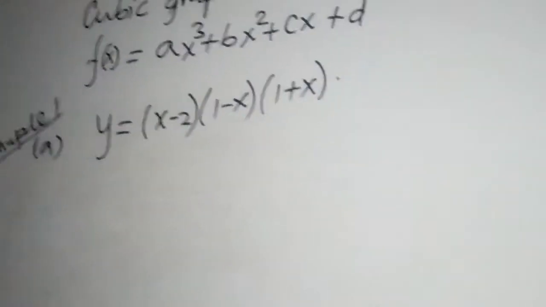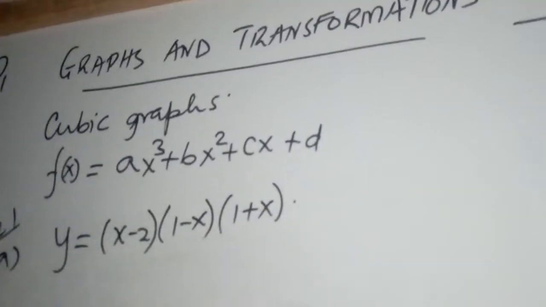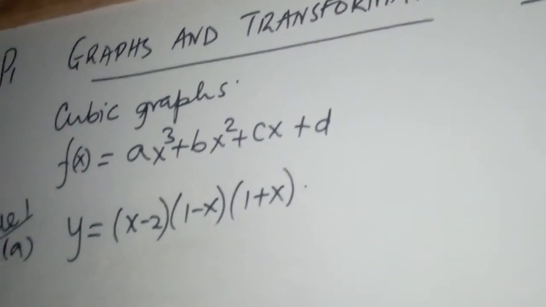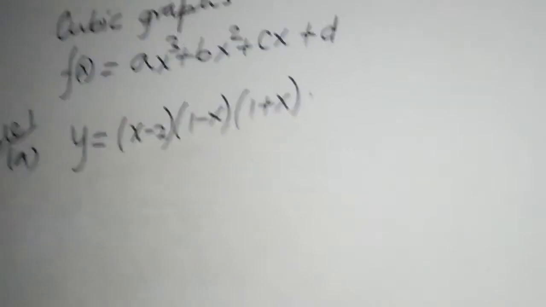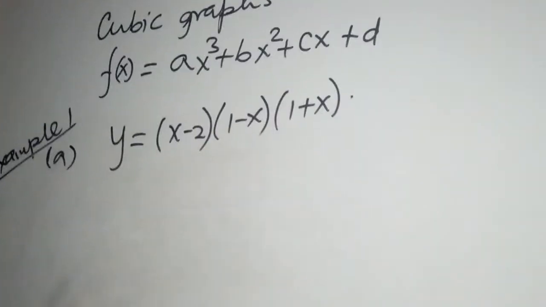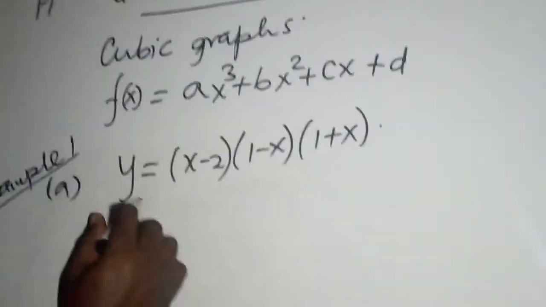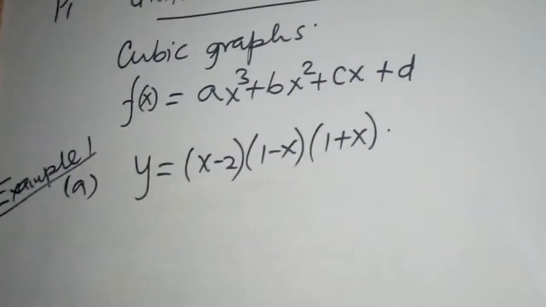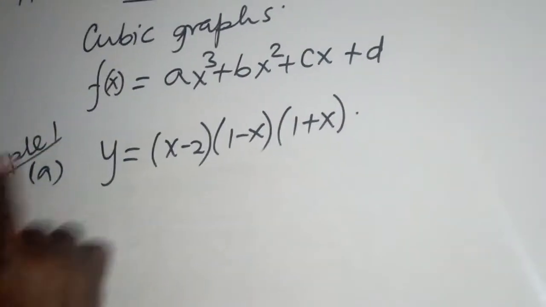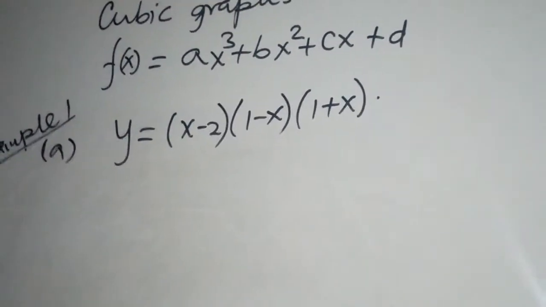Surely this is a cubic function, because if you open the brackets, you'll have x times x times x, so you'll surely have x cubed. But if you look at this function, it's already factorised into 3 brackets, and therefore the solutions only appear when y itself equals 0, or rather along the intercept of the x-axis.